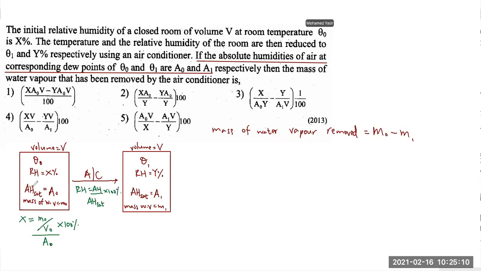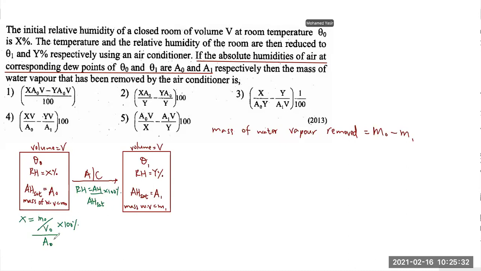At that time, what is the absolute humidity? That is what they are saying. Theta 1, the corresponding dew point: when theta 1 becomes the dew point, this air becomes saturated. At that time, what is the absolute humidity? That is what A1 is. So A naught and A1 are absolute humidities of saturated vapor.